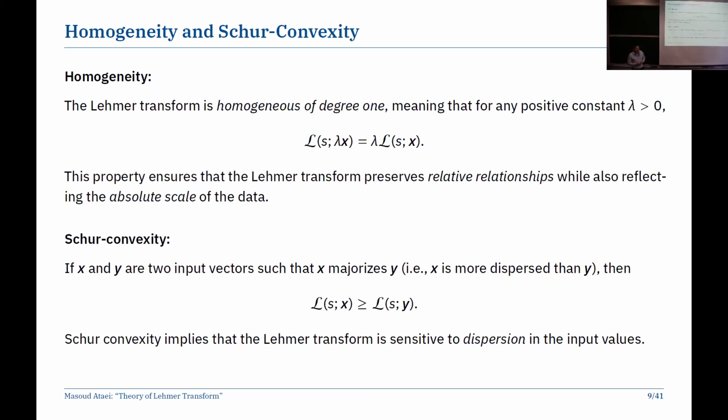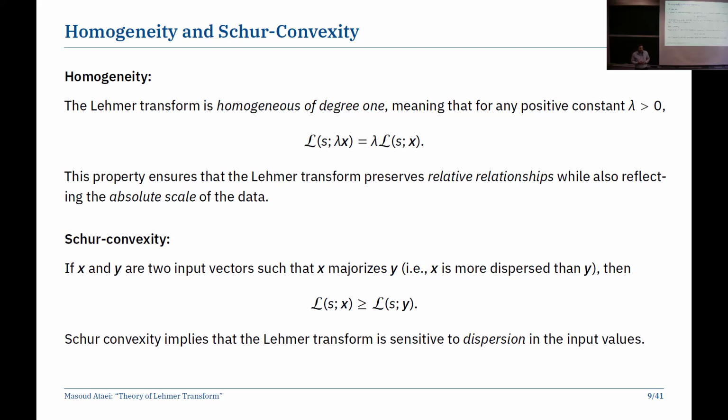Another property is that Lehmer transform is homogeneous of degree 1, meaning that if we scale the inputs by a positive constant, the output gets scaled by the same constant. This has two significant implications. The first one is that it preserves the inner structure and relationship between the data. For instance, the relative magnitudes remain unchanged.